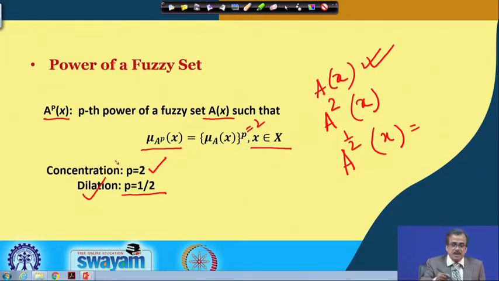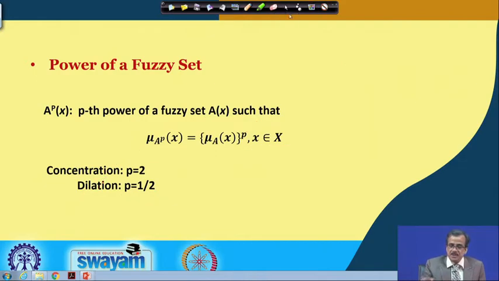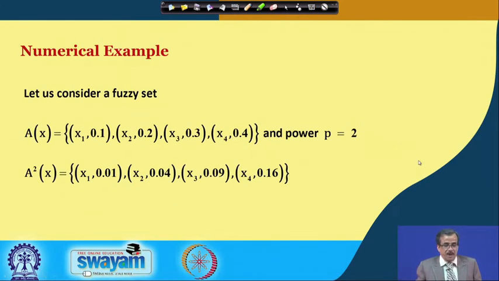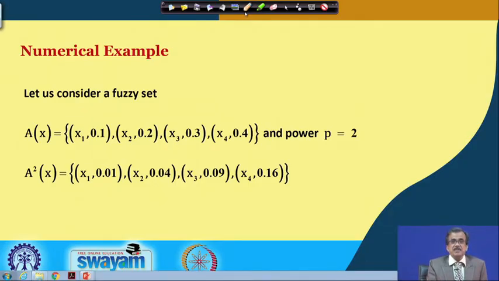Now, I am just going to consider a numerical example to show how it works, and after that I will try to find out the physical significance of this concept of power of a fuzzy set. Let us consider the same discrete fuzzy set A(x) = {(x1, 0.1), (x2, 0.2), (x3, 0.3), (x4, 0.4)}, and let me consider the power equal to 2.